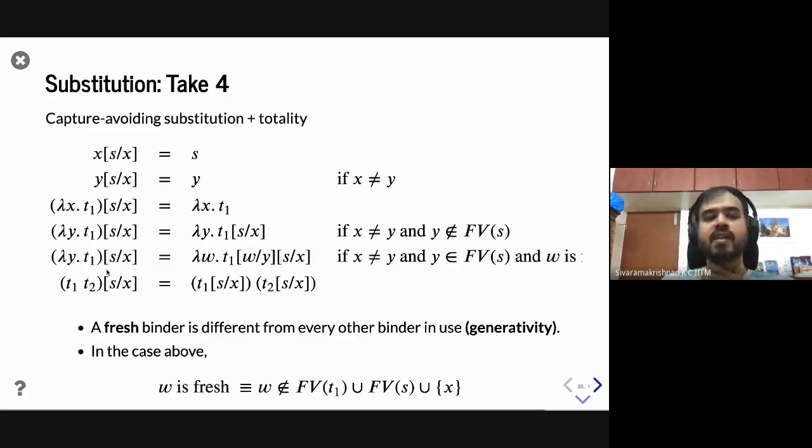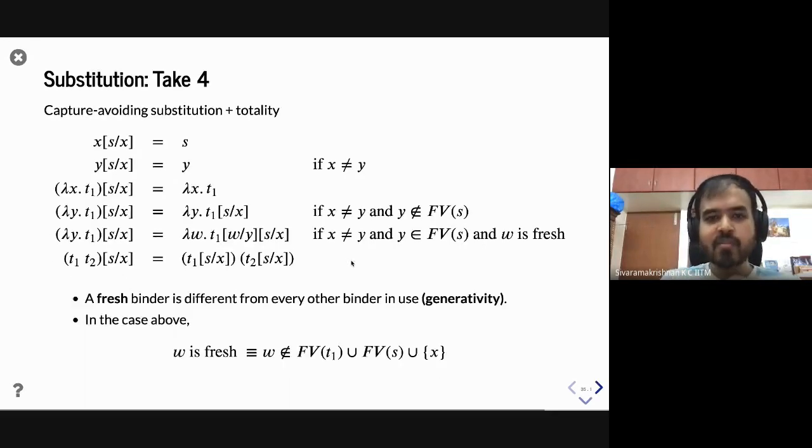The problem here is, as I mentioned, when you do the substitution, there is a chance that the free y's in s will get captured by this binder y. In order to avoid the capturing, we can apply renaming. Instead of just leaving this as y, we rename it to w.